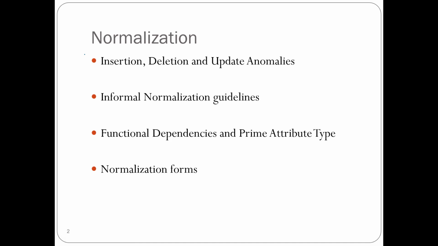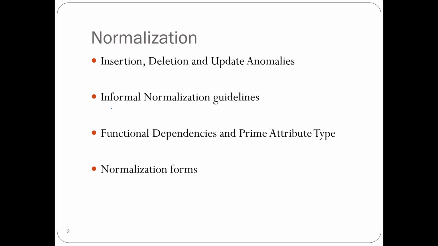So in normalization, these are the topics that we will discuss. I'll start with the insertion, deletion, and update anomalies. We'll see what these things are and how they are related to normalization. Then before we start the formal discussion of normalization, we'll have a look at the informal normalization guidelines.